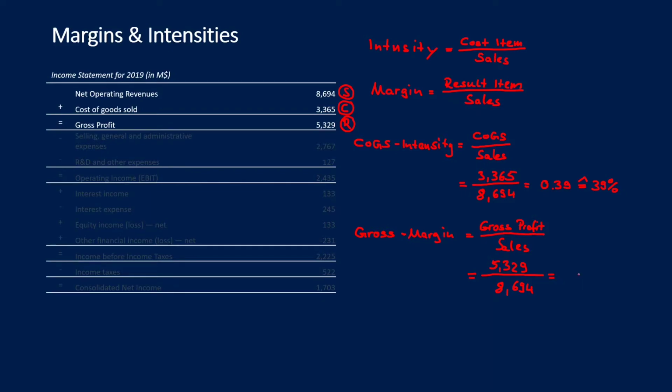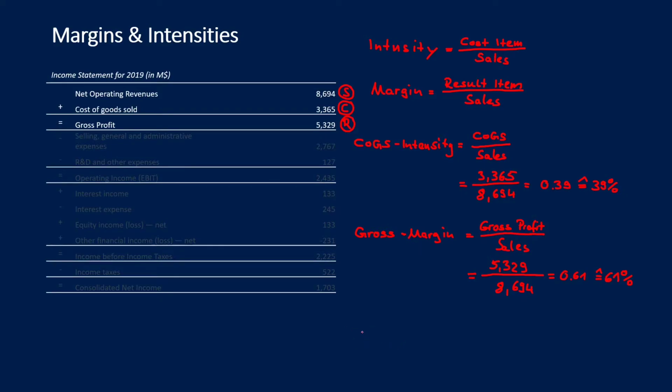Again, using the pocket calculator, we will have 0.61 or 61%. In other words, out of each euro or each dollar in this case, sales or revenue, we will earn some 61% or 61 cents gross margin.